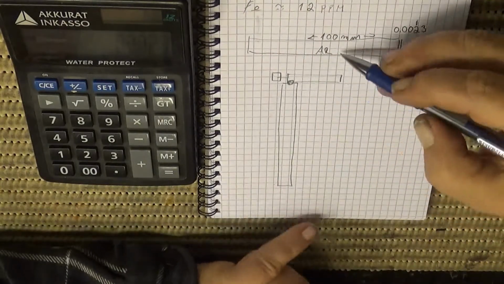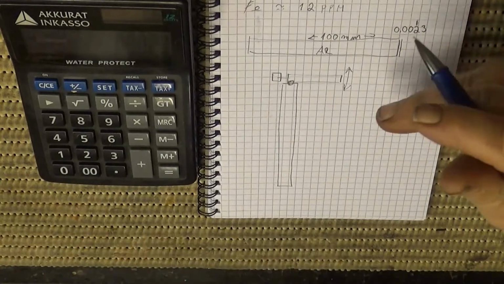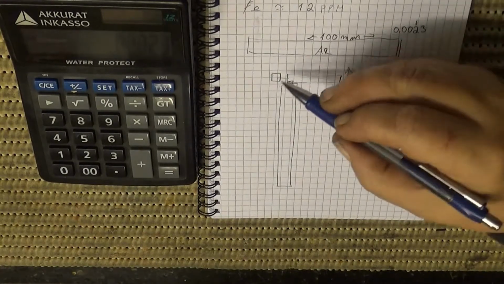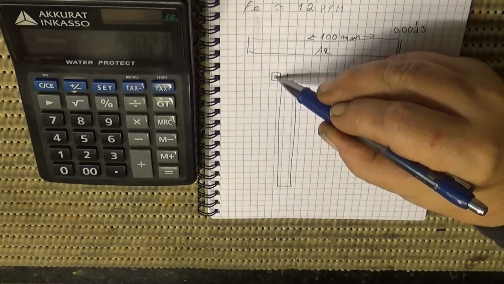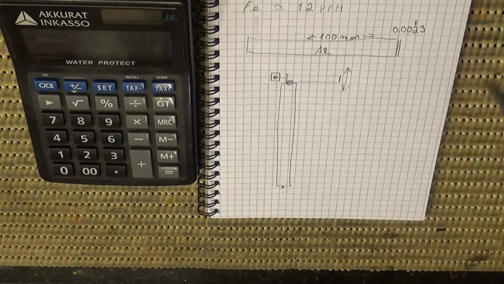So when it becomes longer, these will go up and down, depending on whether the temperature changes. Okay, but now we have a problem. We need to bind this point here with that point here.